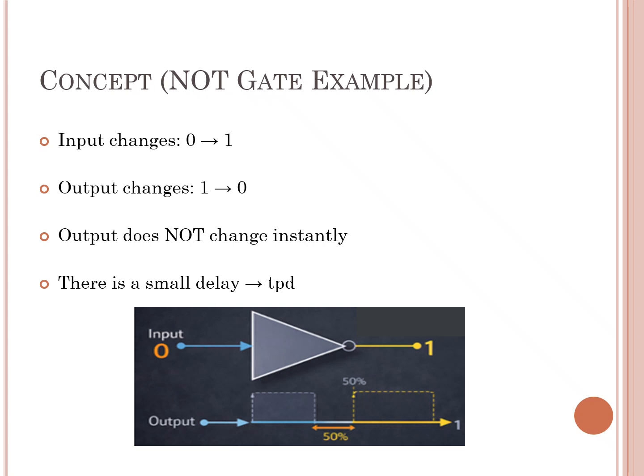The gap between them is exactly what we measure as TPD. Input changes first, output reacts later, and that difference in time is propagation delay. Whenever you see a logic gate, always remember output never changes instantly.